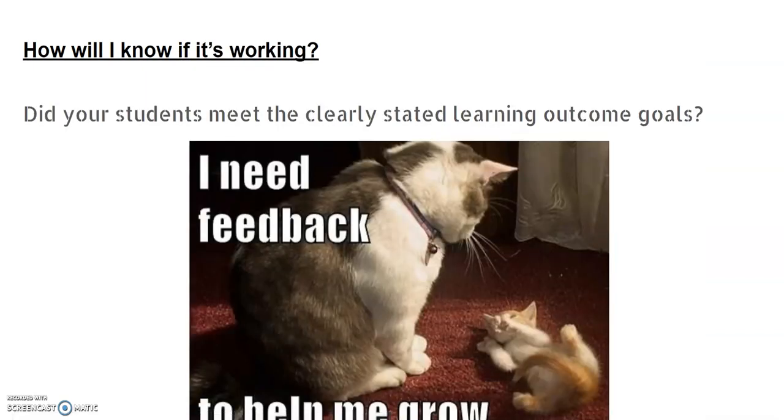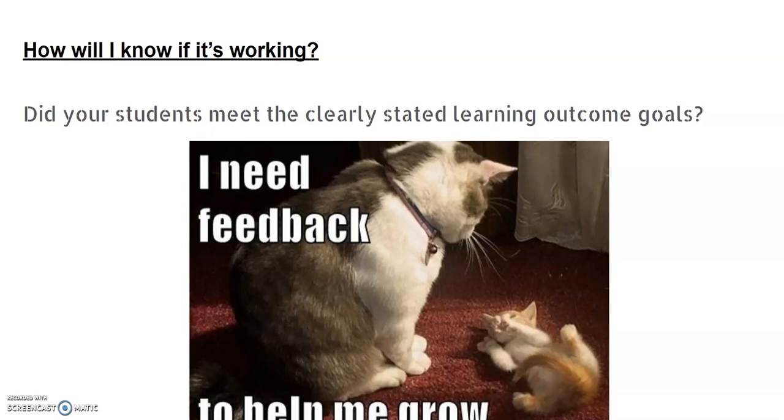But really, how will you know if it's working? Well, did your students meet the clearly stated learning outcome goals? That's the main thing. Feedback is absolutely necessary. Feedback and reflection. Student self-reflection, where they focus on areas for growth. So always focusing on the positive.